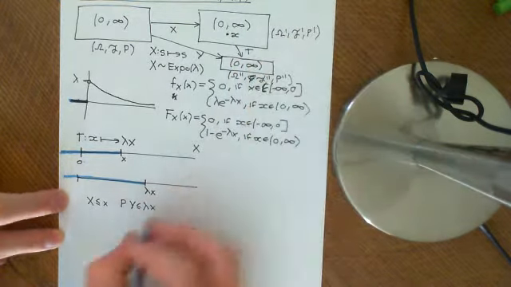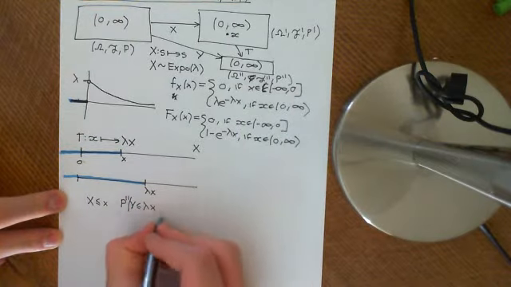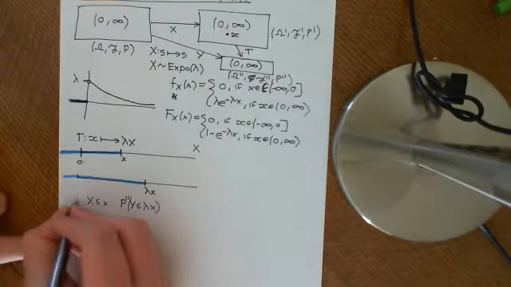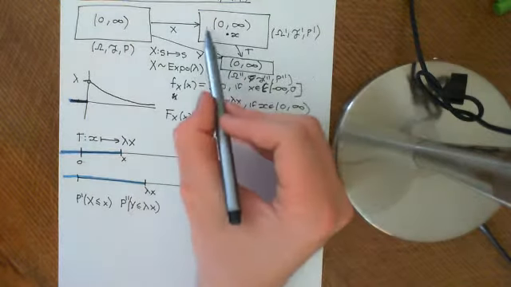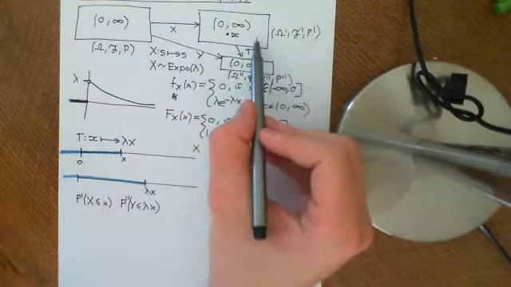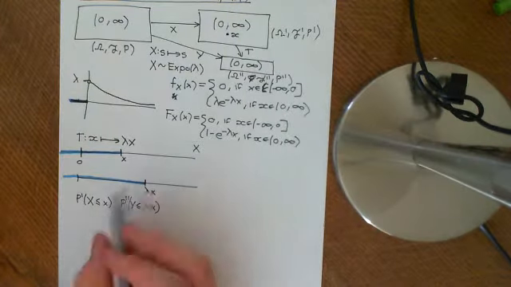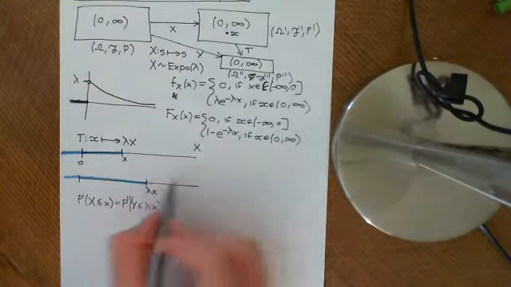Then we want the probability P double prime that Y is less than or equal to lambda x to be equal to P prime that X is less than or equal to x. So we want the probability of this event in here to be equal to the probability of this event in here.